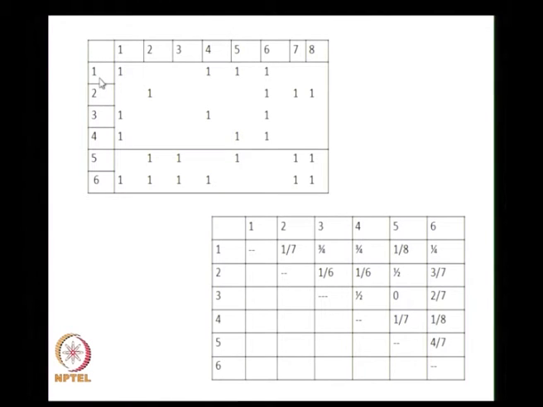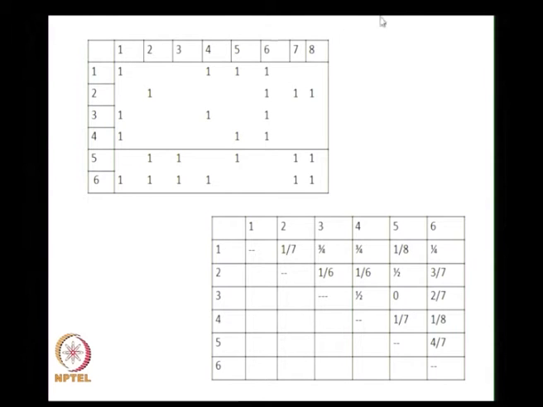A very quick recap: if we consider the similarity between 1 and 2, we go back to rows 1 and 2 of this matrix and find out the number of common ones. There is only one place where the ones are common, so the numerator is the number of common ones and the denominator is the union of ones.